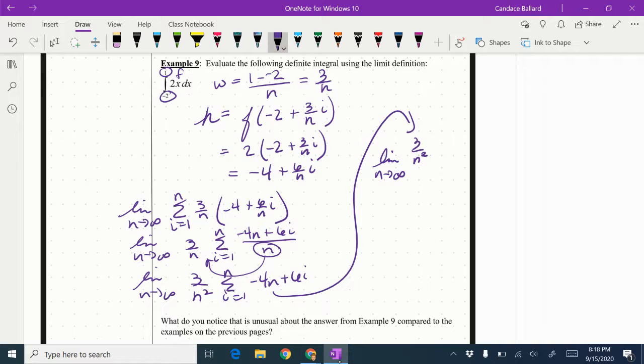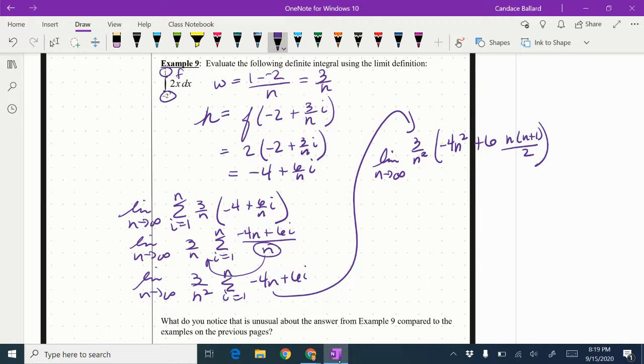Now, remember, because the n is acting like a constant, the summation of a constant is the constant times n. So this is going to be -4n squared. And then we've got plus 6, and for i, we get to substitute in n times (n plus 1) over 2.